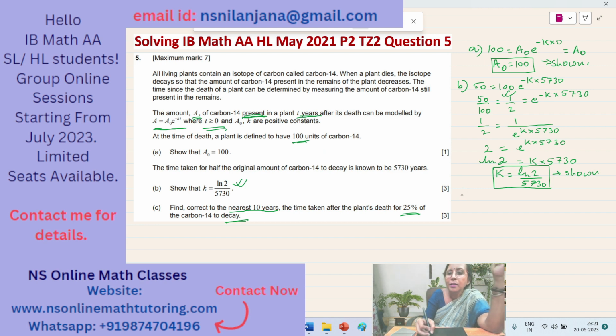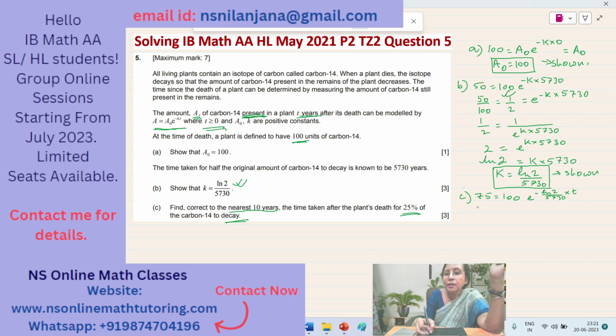So this is part c. In place of A, I am writing 75, and this A0 is 100, and e to the power of negative, now we know the value of k, so we can write this, 5730 times t. This time we have to find the value of t.